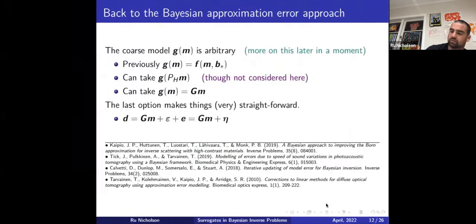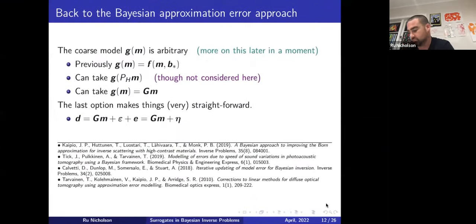Okay, so that's how the general Bayesian approximation error approach works. In that case, the coarse model was essentially the same model, just with a fixed conductivity. I've said that the coarse model is essentially arbitrary, and we'll talk about that more later if there's time.